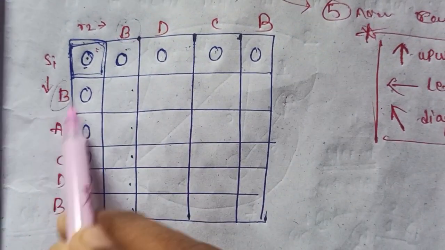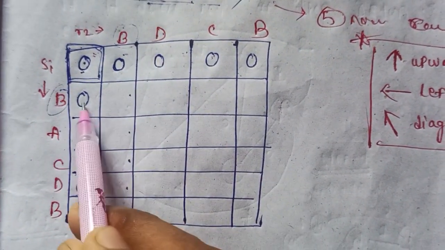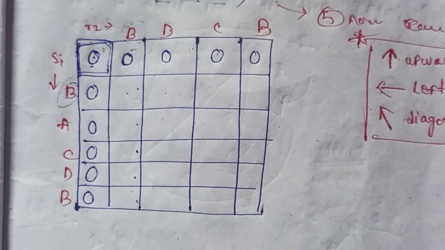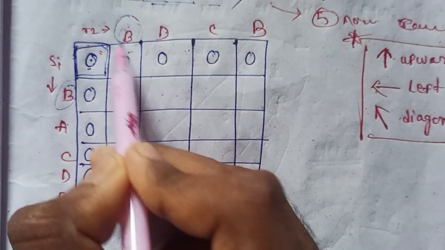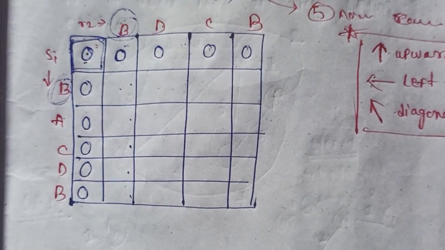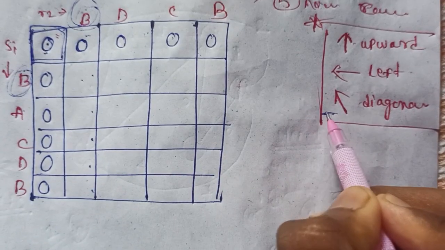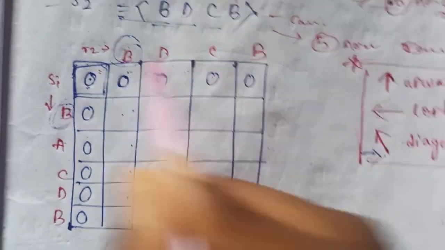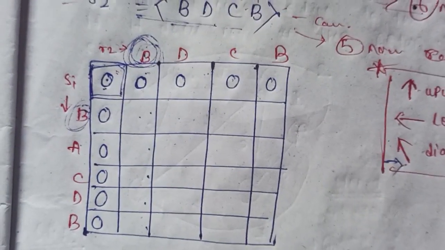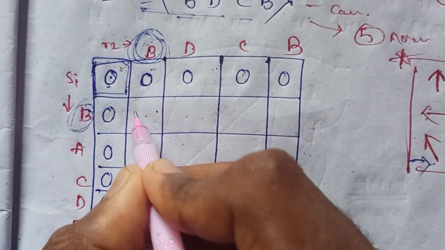Here B is present in S1, and B is present in S2, this cell. When the same letters come, we use the arrow mark. Here B is present, here B is present, so we put a diagonal arrow.